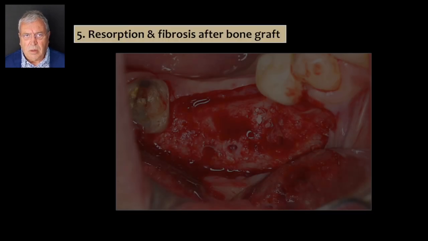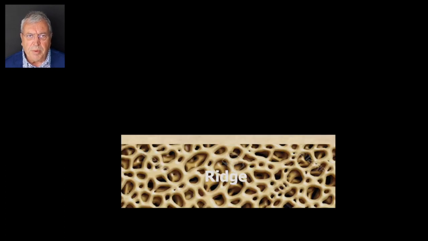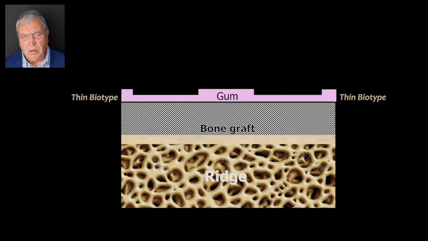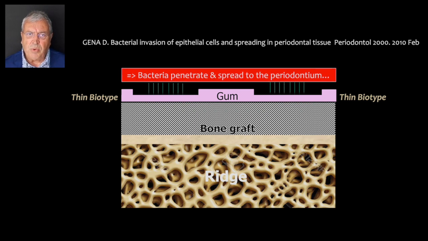Sometimes we do a surgery and at the reopening we see some resorption and some fibrosis. Can we explain how and why? When we do a bone augmentation, what is the key point? It's the state of the gum. And if the soft tissue is thin, then we know that the bacteria penetrate and spread to the periodontium, making this periodontium inflammatory.